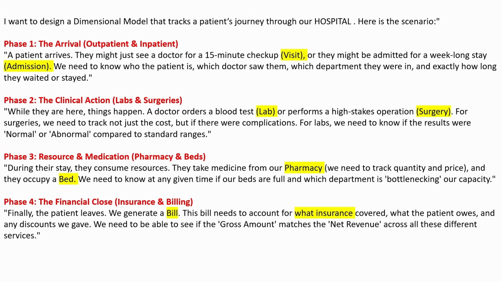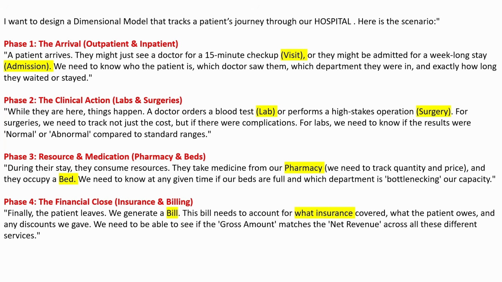For those patients, the doctor advises them to get admitted in the hospital, and some patients can just pay and go home. Similarly, in phase 2, someone who is admitted will obviously require some lab tests or some kind of surgeries during their admission in the hospital.